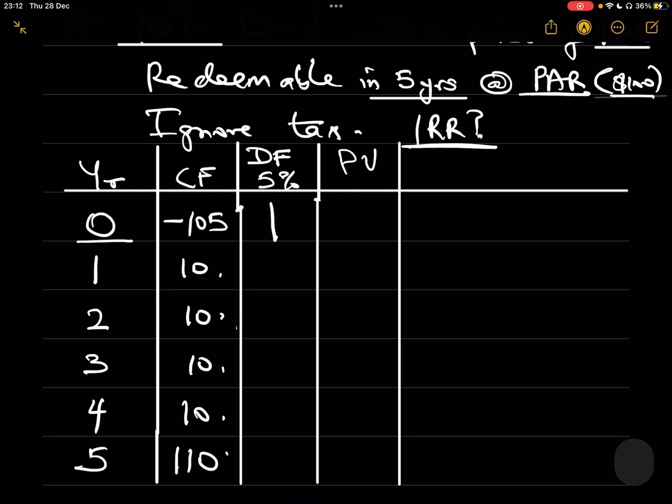So I'm going to plug all that in as I just showed you. For year 1 at 5%, that's 0.952. The next one we saw was 0.907 and 0.864, then 0.823, and 0.784 was the last one.